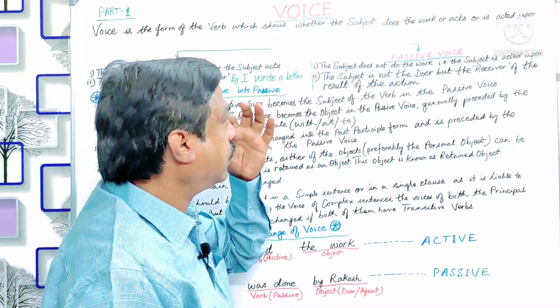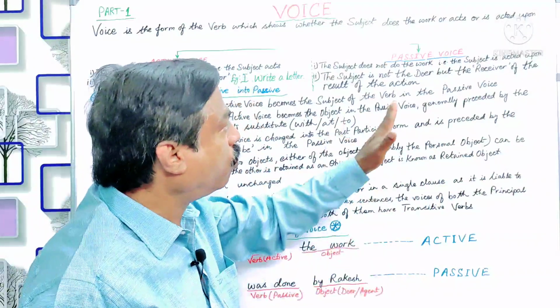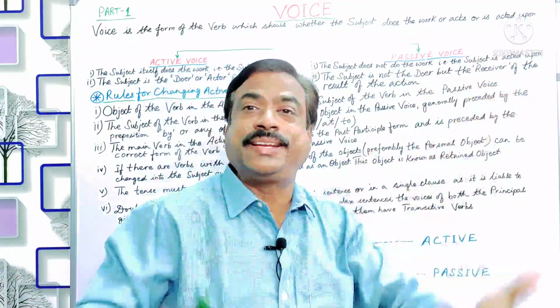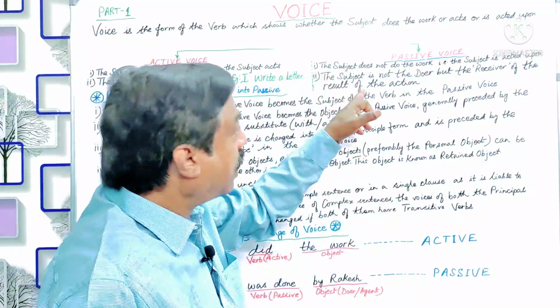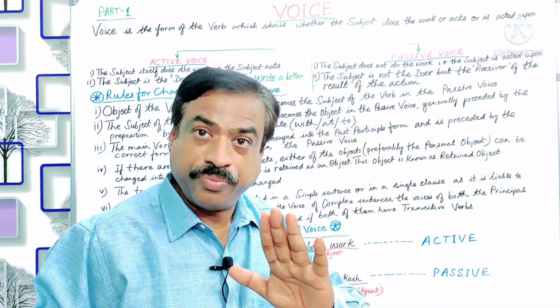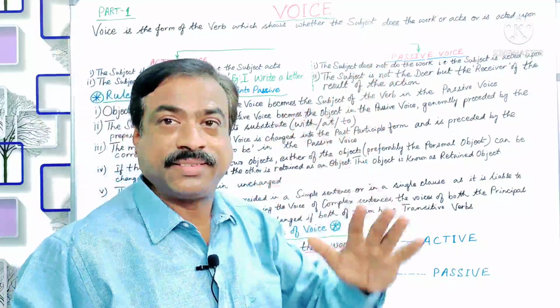The subject does not do the work, that is, the subject is acted upon. The subject here is acted upon. The subject is not the doer. You have to be very careful in the passive voice.